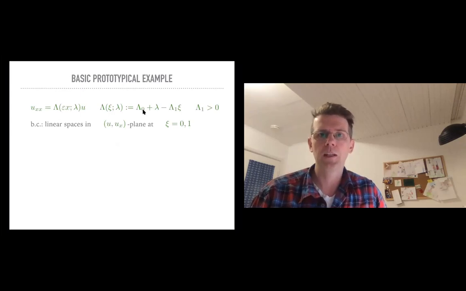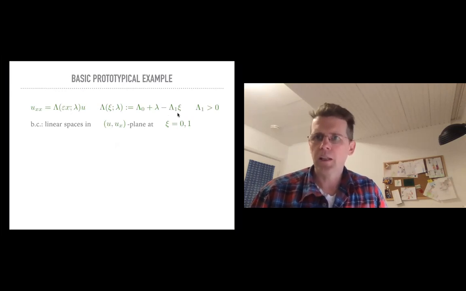And more specifically, just to show some flexibility here, I'm looking at this form with a constant lambda 0 that just moves the spectrum, then the eigenvalue parameter itself, and then this slow drift, which goes with speed capital lambda 1. So it moves down in a way when psi, which is the slow variable epsilon x, varies over the interval.